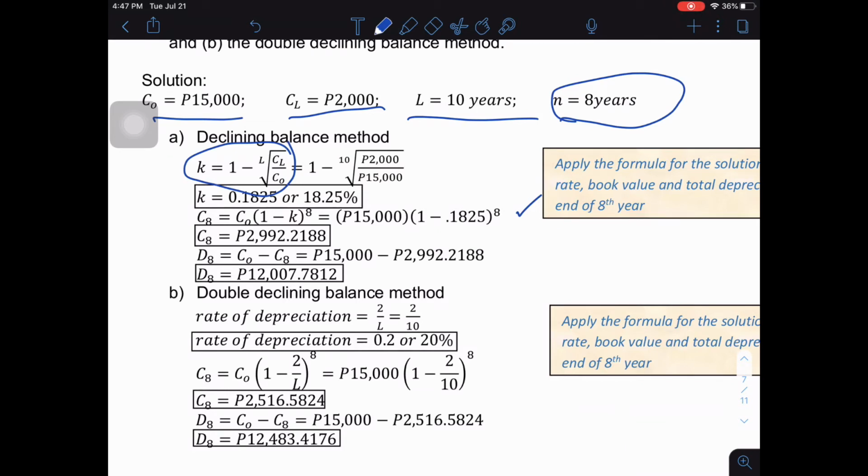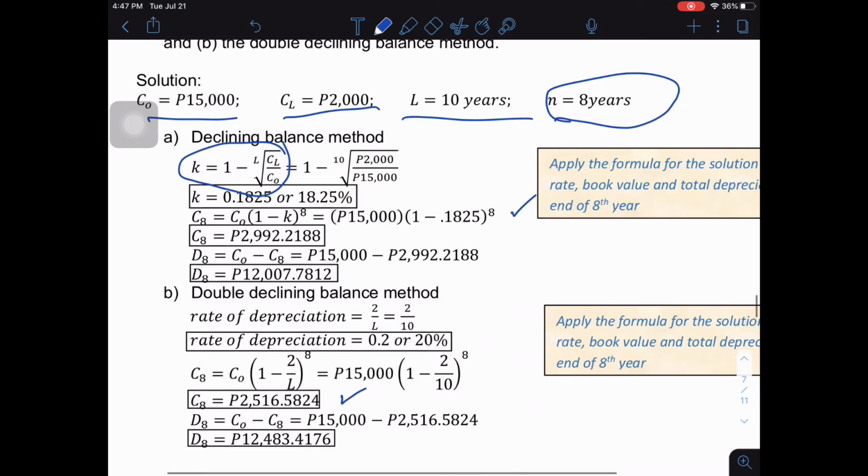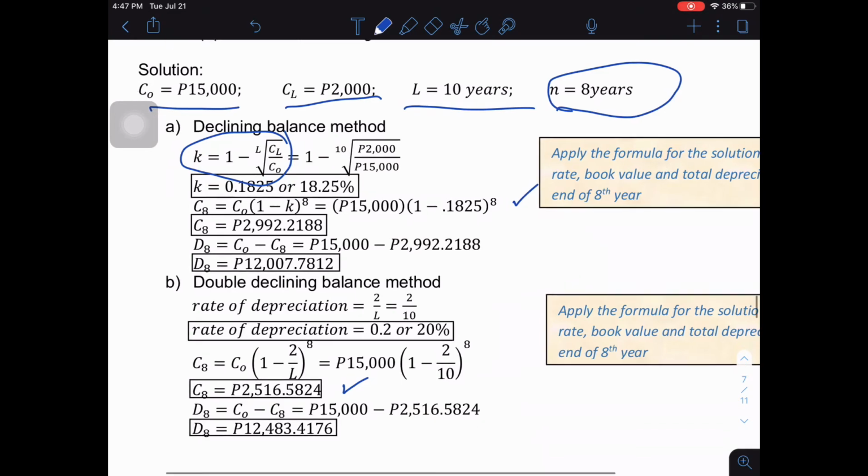Okay, so applying the formula, the book value at the end of 8th year is 2,516.5824. Now, if you're going to subtract that from the original cost, it gives us the total depreciation at the end of 8th year as 12,483.4176.